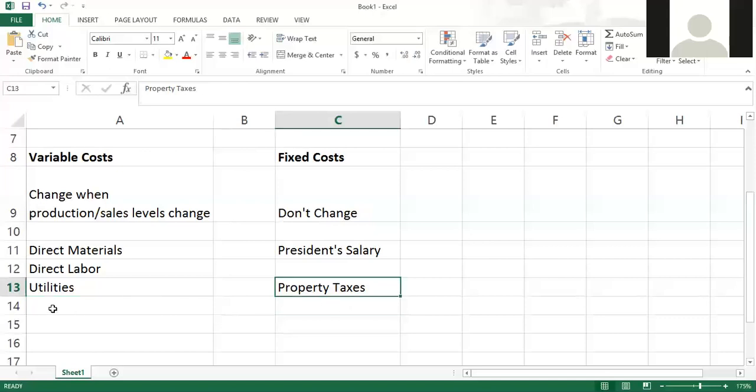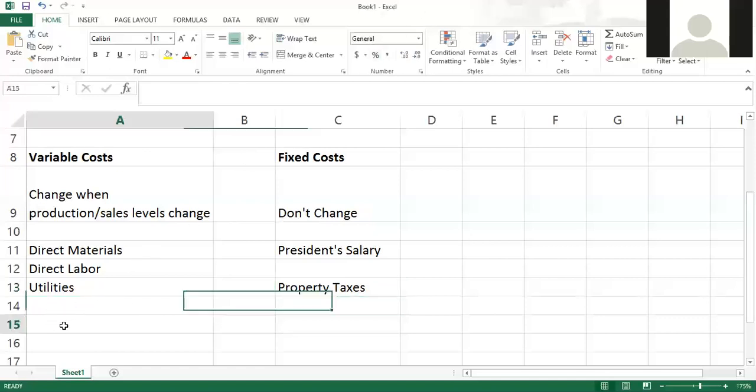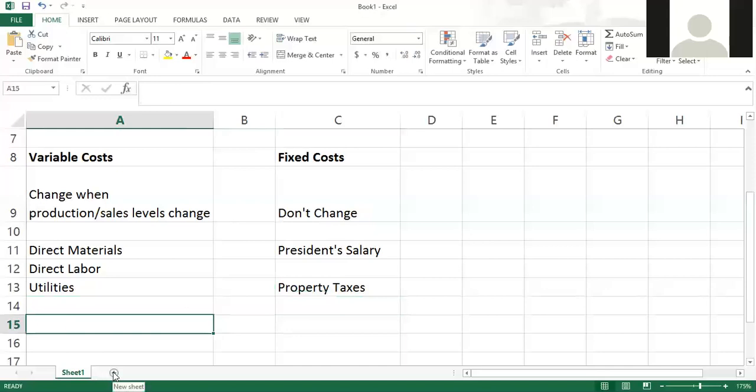That kind of gives you an idea, I hope, on how to put something in the variable or fixed category. We are going to be looking more at fixed and variable costs when we do a break-even analysis.